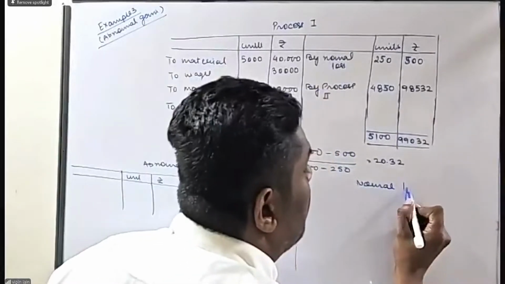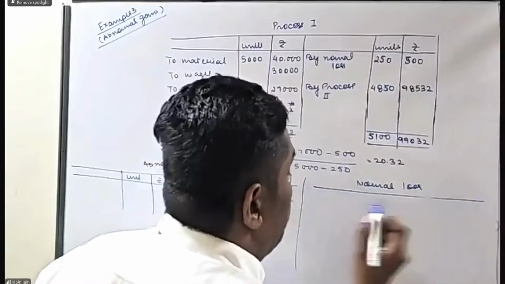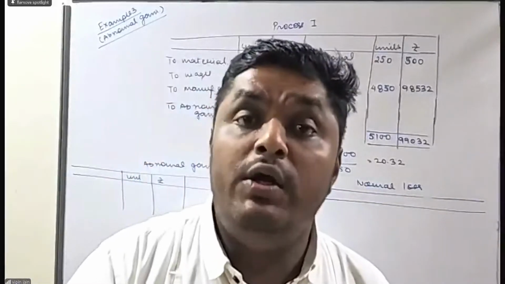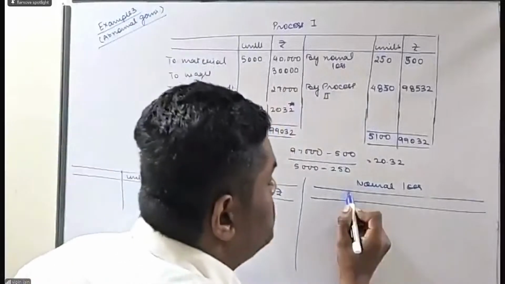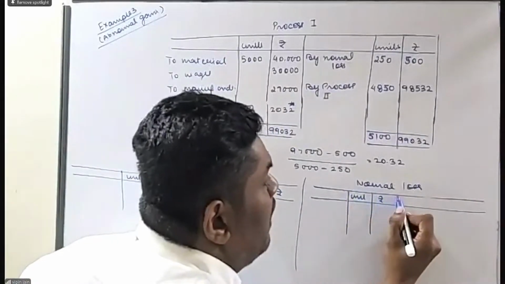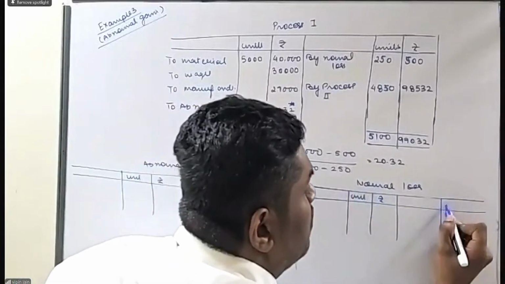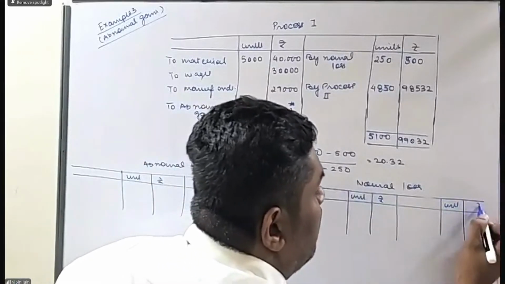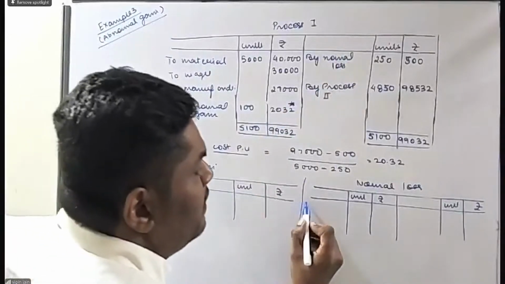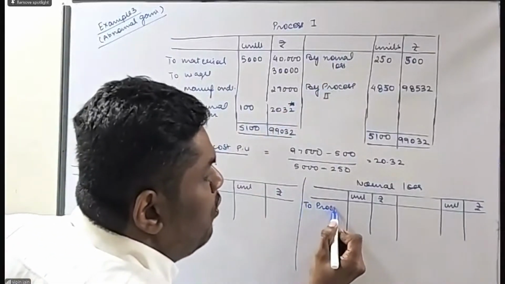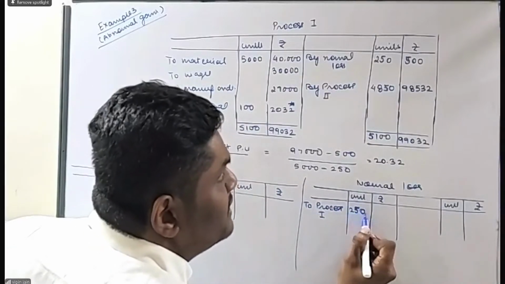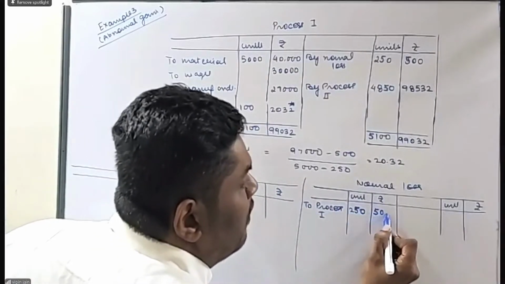So if you want to prepare abnormal gain account, you have to prepare normal loss account also. Units and amount. See, my normal loss is how much? 250. So process first, 250 units and 500.